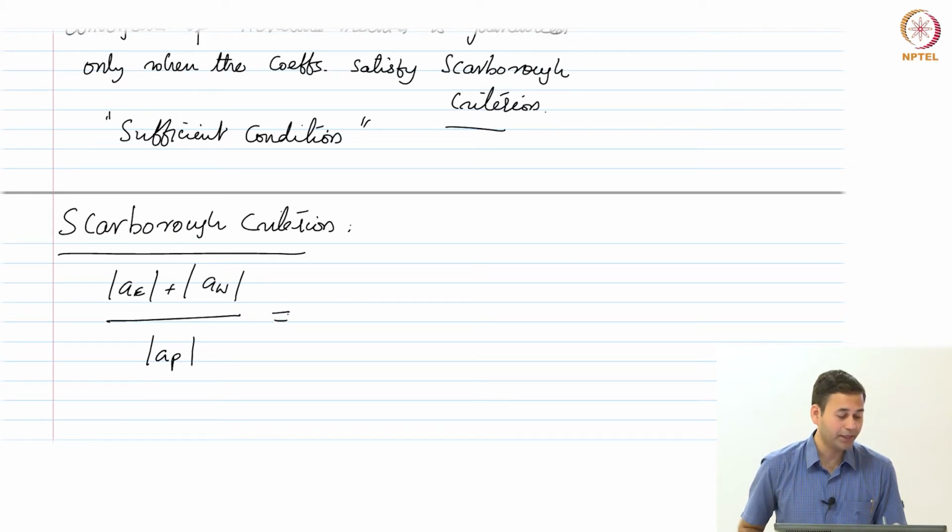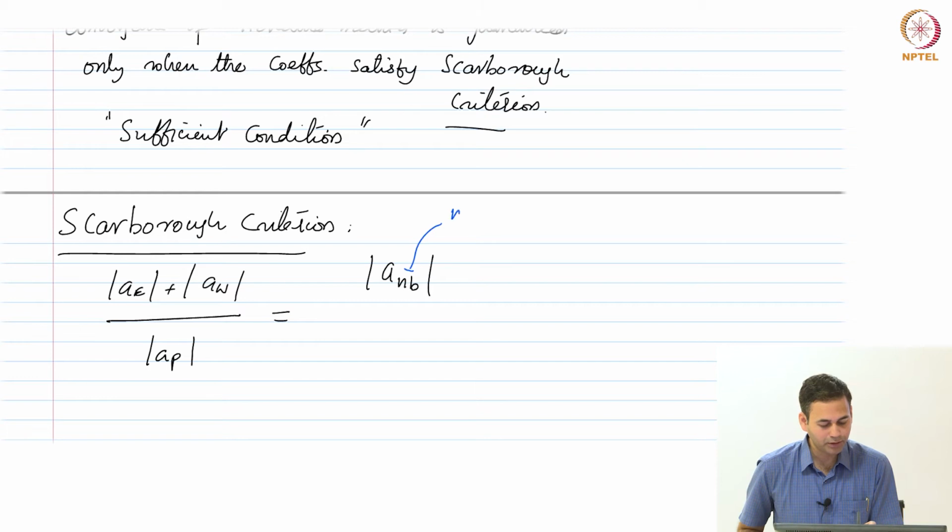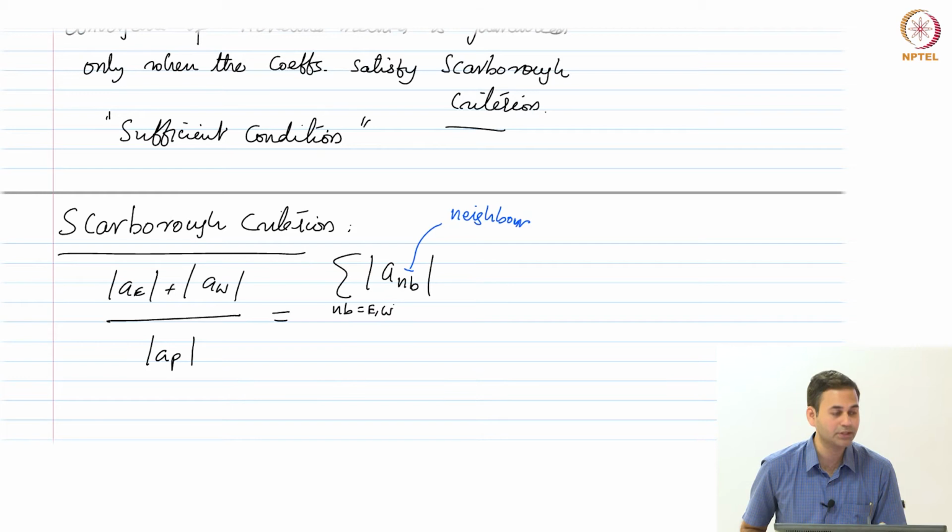This I can rewrite as sigma of absolute value of NB, where NB is a short form for neighbor, for all the neighbors, here in this particular case east and west, upon mod AP.